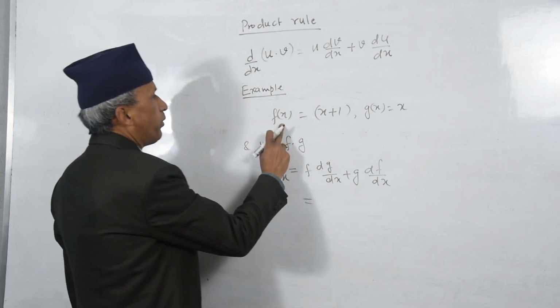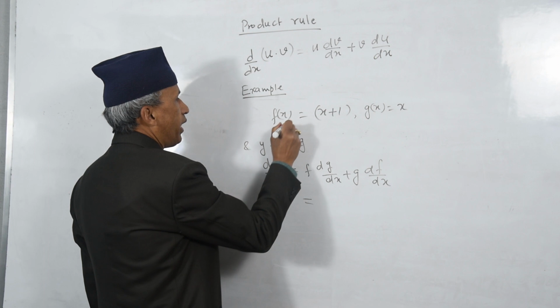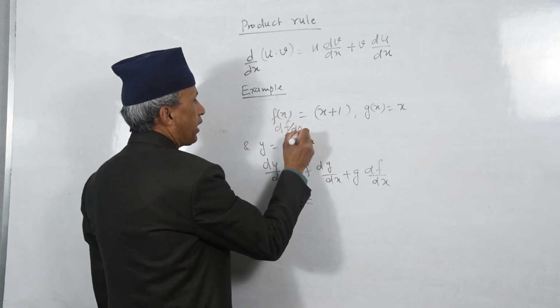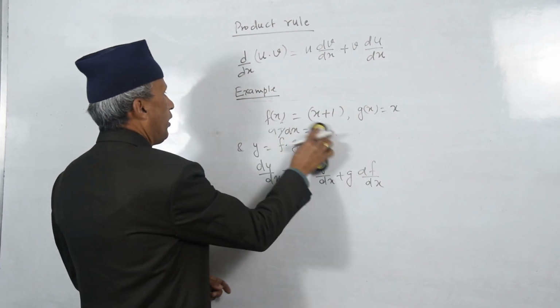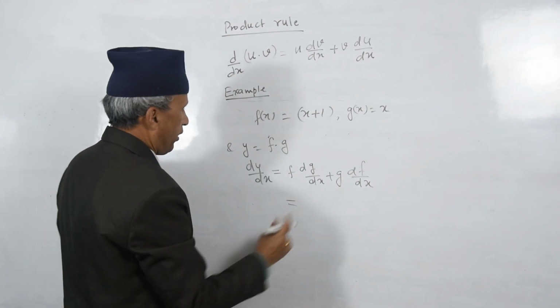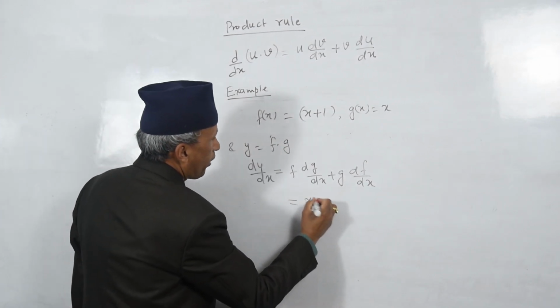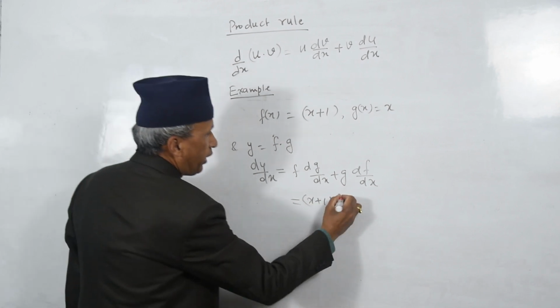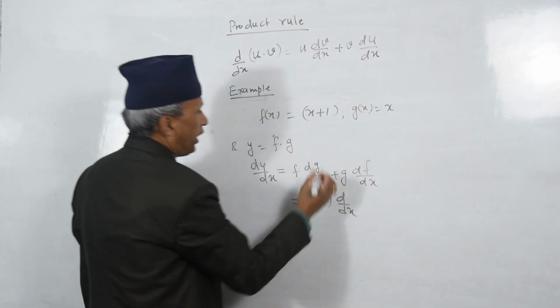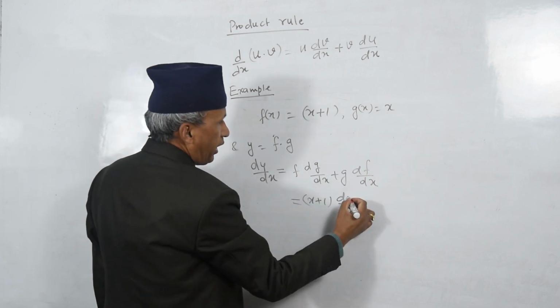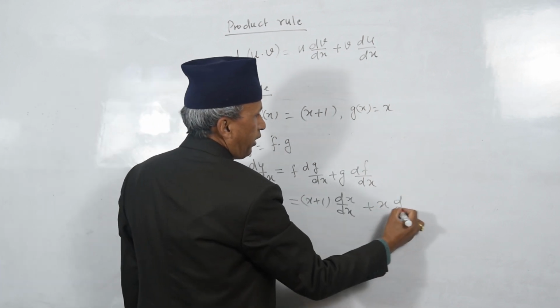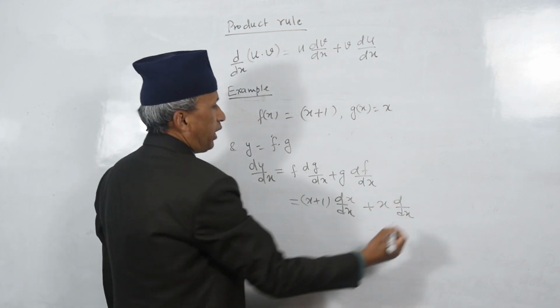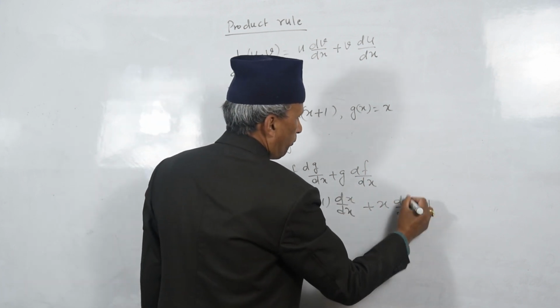F is x plus 1, so it is (x plus 1) into d by dx of x, plus x into d by dx of (x plus 1).